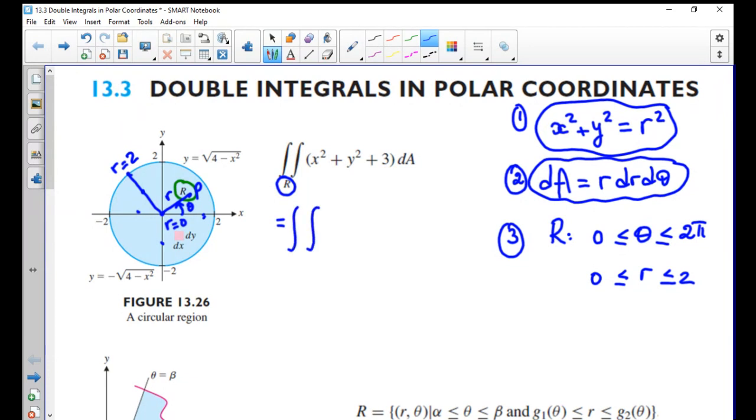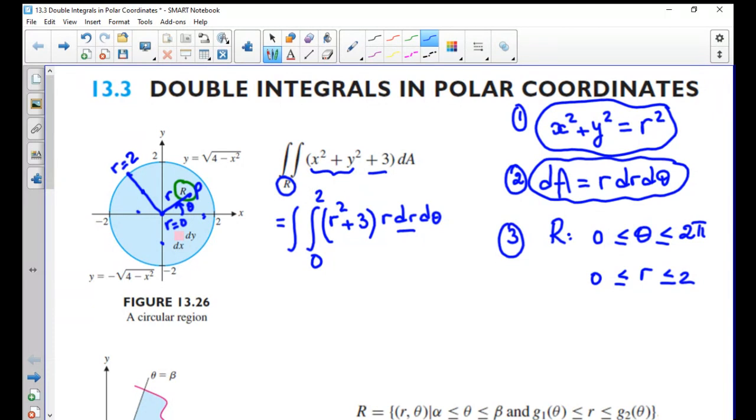So it's going to be, let's say I start r dr d theta. Now, the bracket. What is the bracket? What is this here? r squared plus 3. Then r will go from 0 to 2.